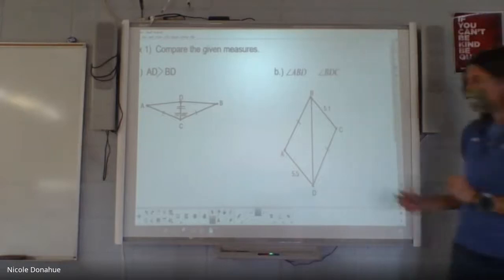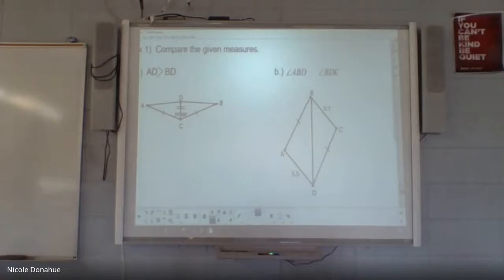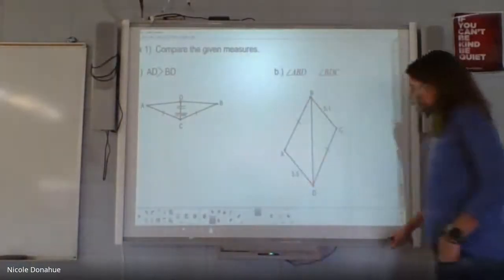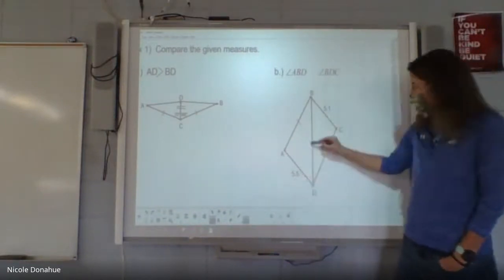All right. This one is set up a little bit differently. So see if you guys can see what's going on here. In this case, we have an equal side, and then again we have this equal side in the center.